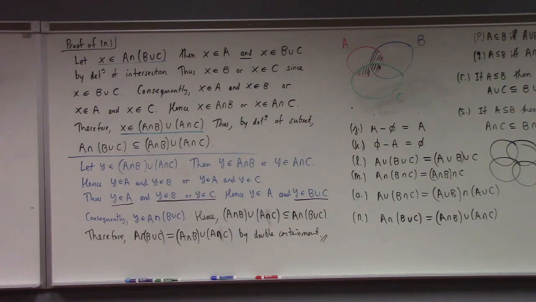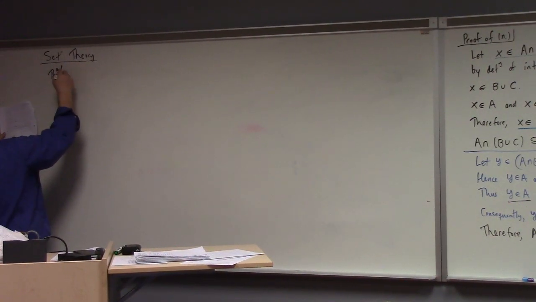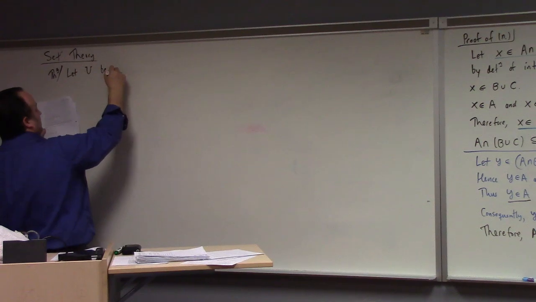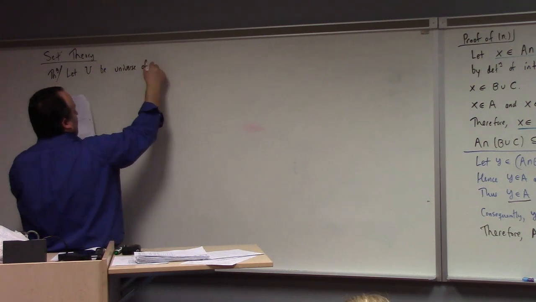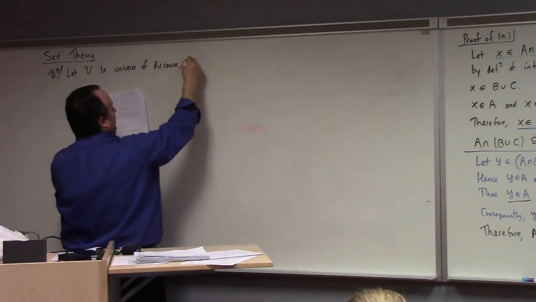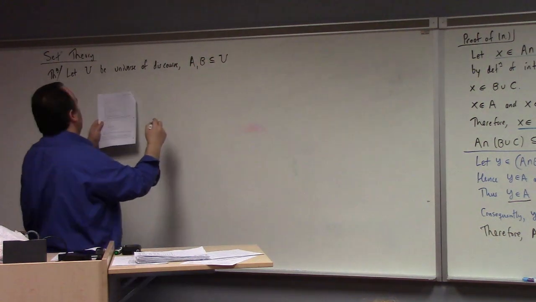So, all right, let me move on here. So the next theorem is: let U be the universe of discourse, and let A and B be subsets of that universe.